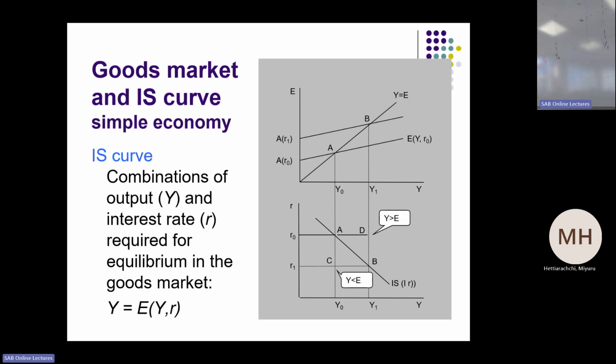So that's the way we derive the IS curve. We can use the Keynesian cross for the investment-savings curve to derive the IS curve.